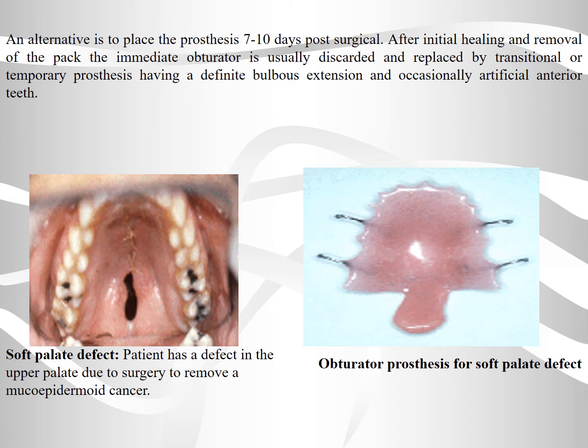So you can see in the left photo, which shows a soft palate defect. So the patient has a defect in the upper palate due to surgery to remove a mucoepidermoid cancer. So on the right side, you can see an obturator prosthesis for the soft tissue. A soft palate defect has been created.